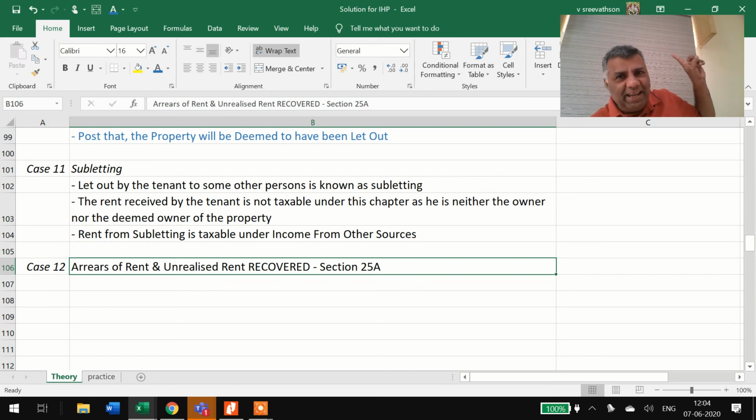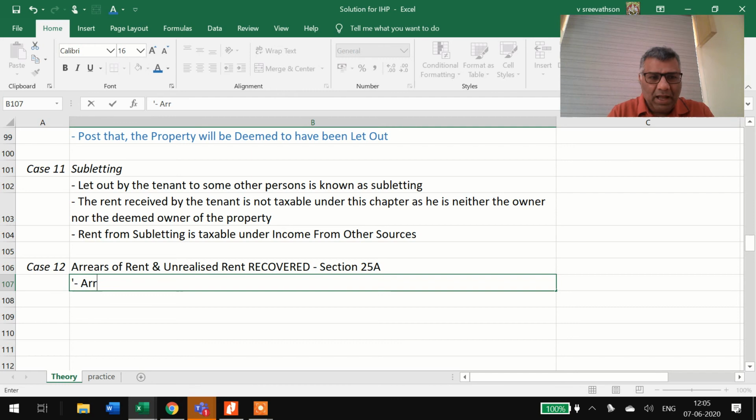He is increasing the rent not prospectively but retrospectively. If the tenant accepts to pay, it becomes taxable to the house owner in the year in which the tenant actually pays it.